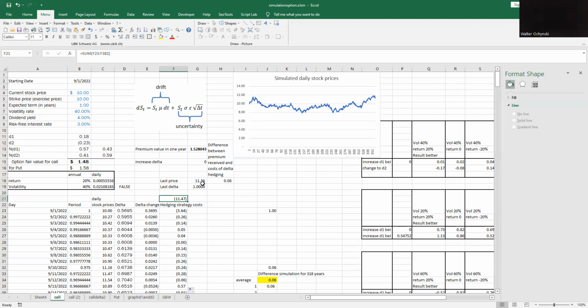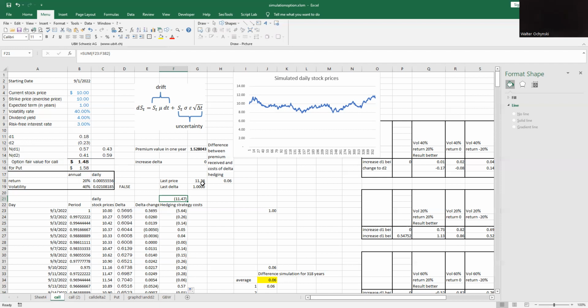The option writer, who is applying the dynamic hedging, will incur the costs of 11.47, but will obtain from the option buyer only $10.